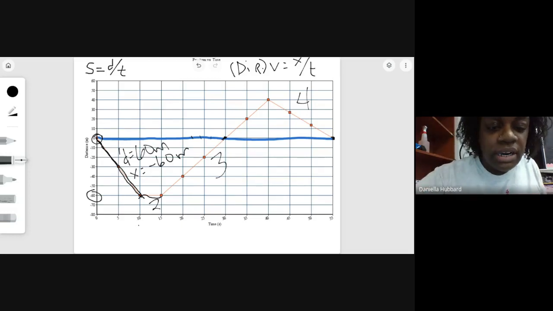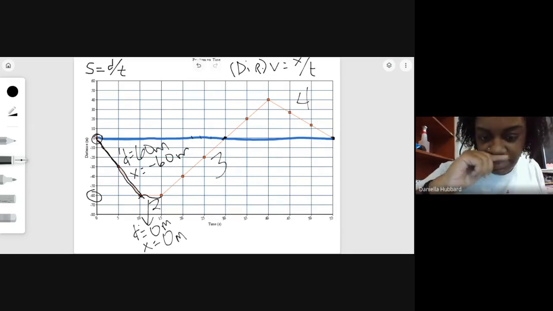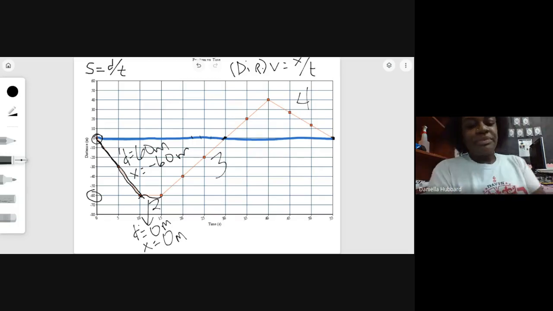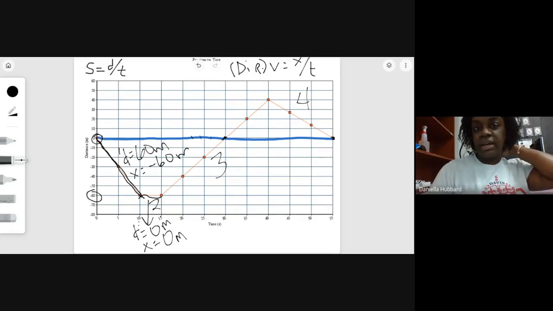So this means our distance for number two is 0 meters. Displacement is also zero. And please do not forget your units. We're doing meters. So we're not moving. There's no change in our distance. So in between 10 and 15 seconds, we are still 60 meters away from the house.